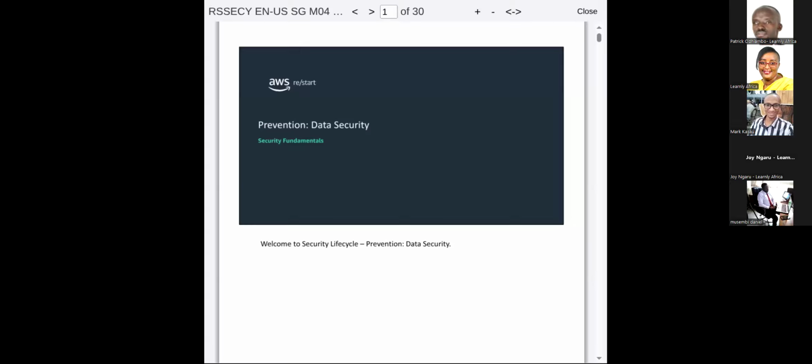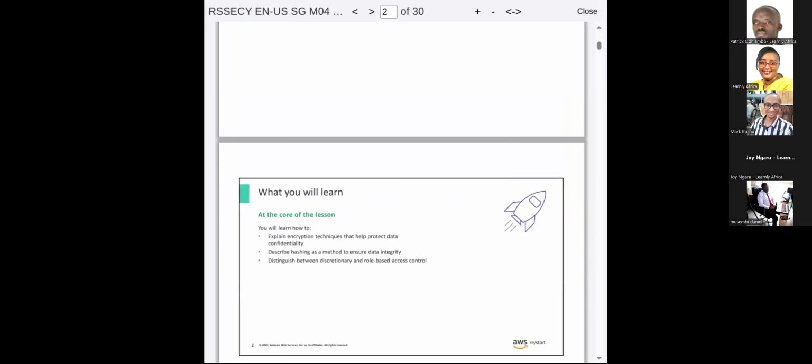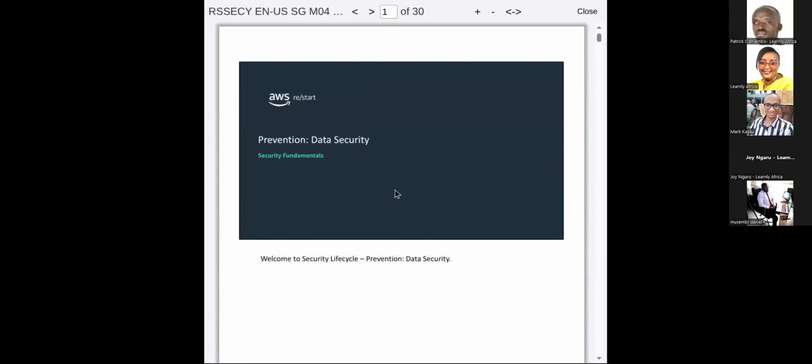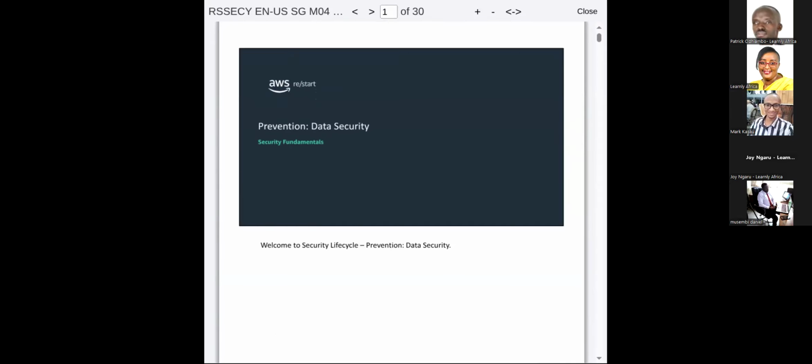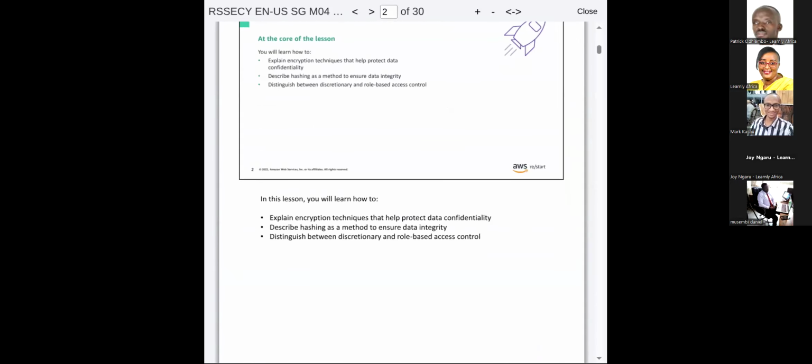I'm going to switch between these notes and mine because these ones are a bit heavy on the Queen's language. Today we're going to learn how to protect our data, the things we can do to prevent our data from getting lost, from being tampered with, from being inaccessible.